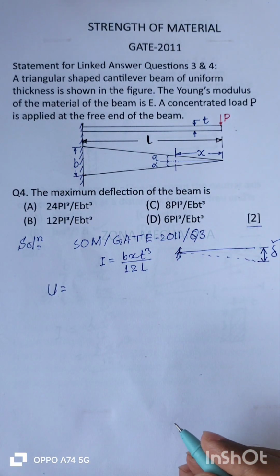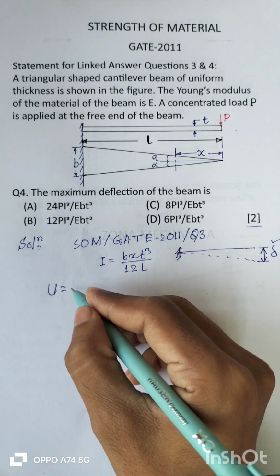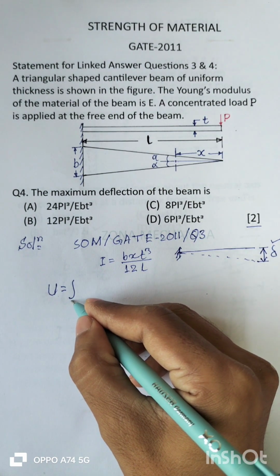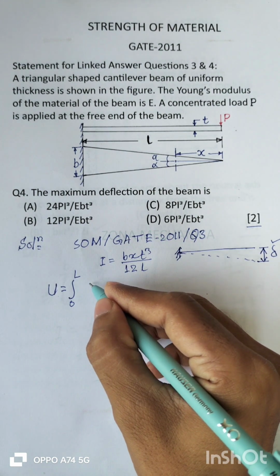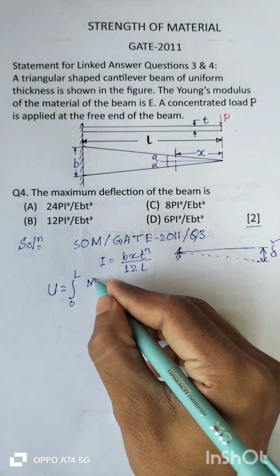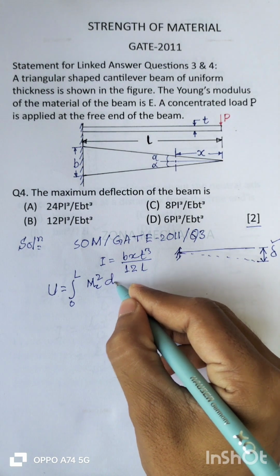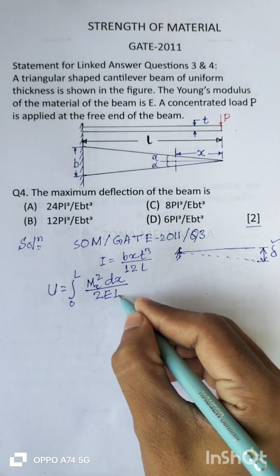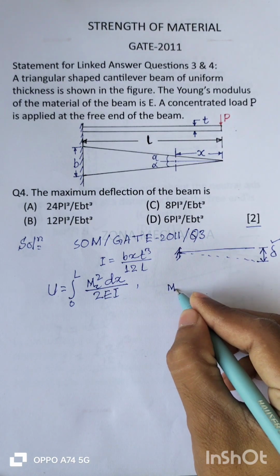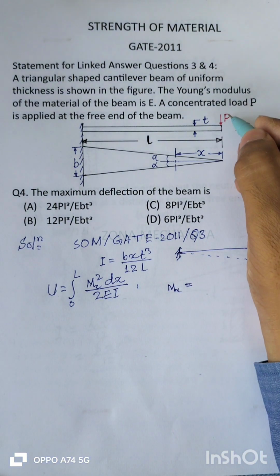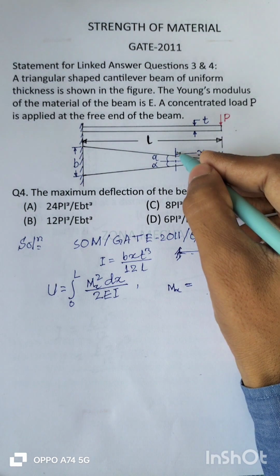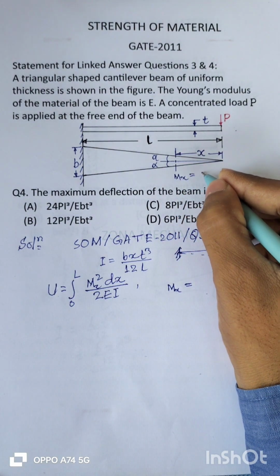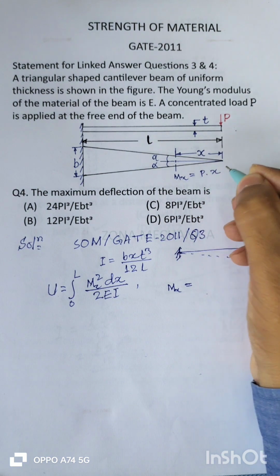We have a formula like this: the strain energy stored in the beam U is equal to the integration from 0 to L of Mx square dx by 2 into E into I, where Mx is the moment of the force P at the x section. Clearly Mx is equal to P into x, right?